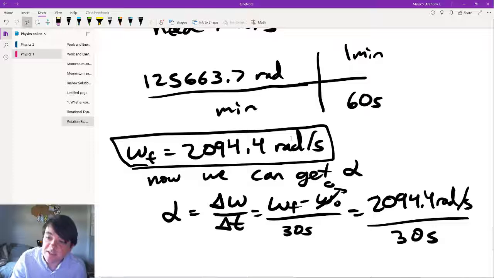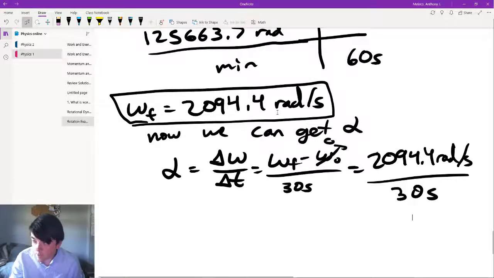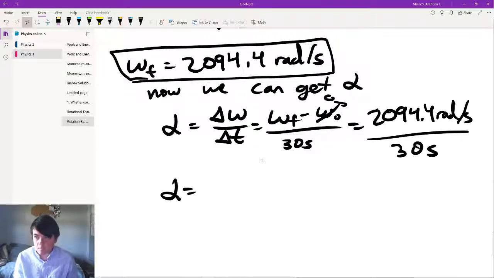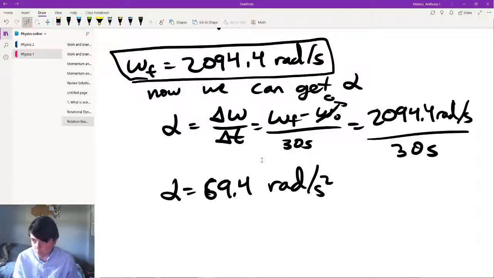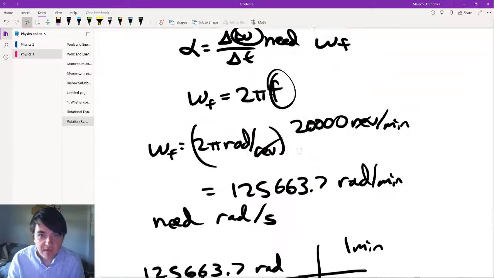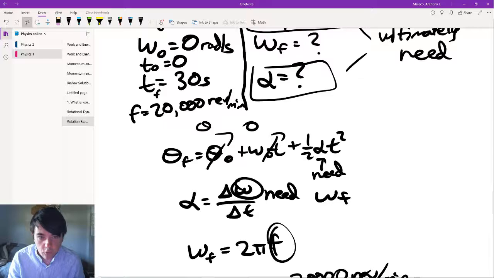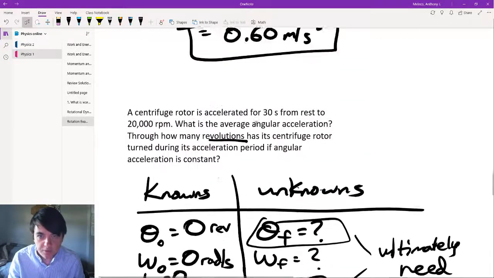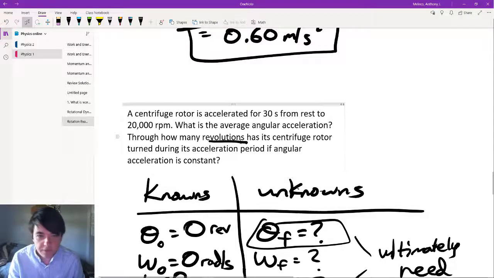This gives us radians per second squared, and my number is 69.4 radians per second squared. So now we have alpha, and this is our average angular acceleration. It doesn't say what it needs to be in, so we can just call it that.